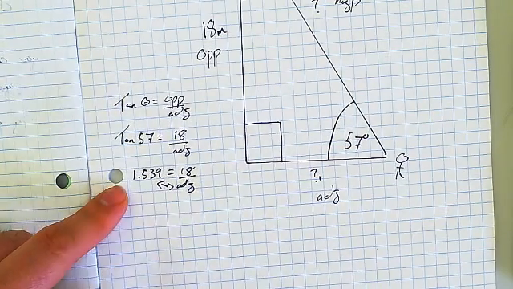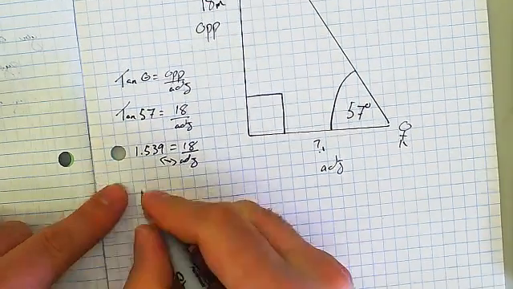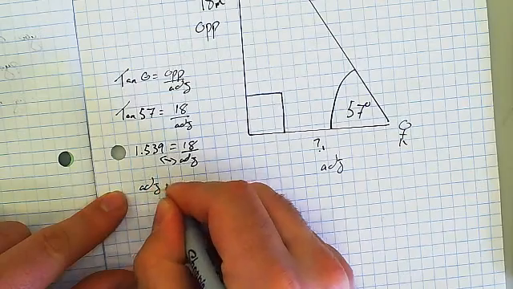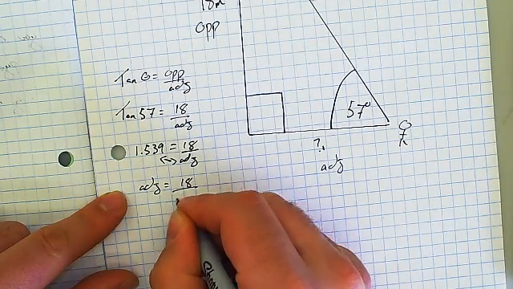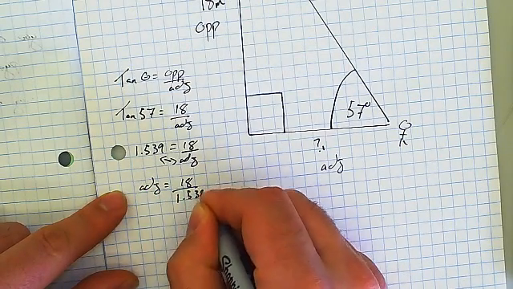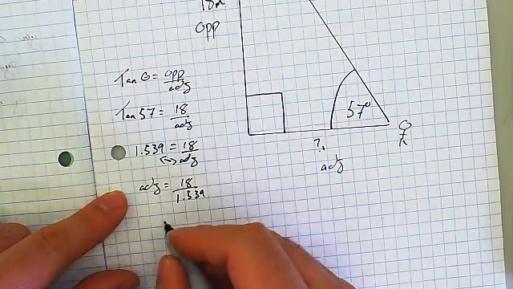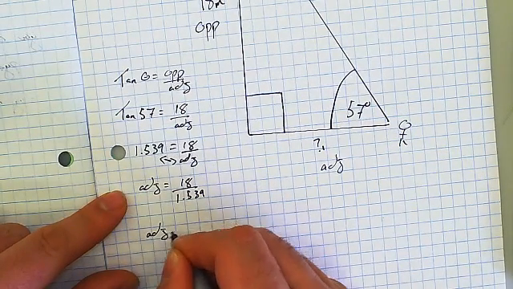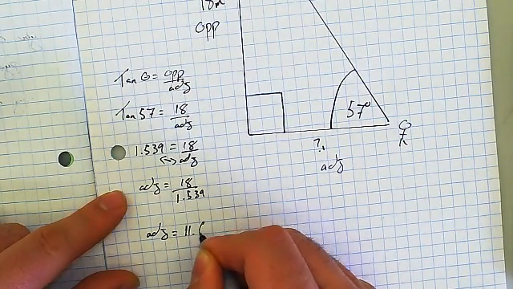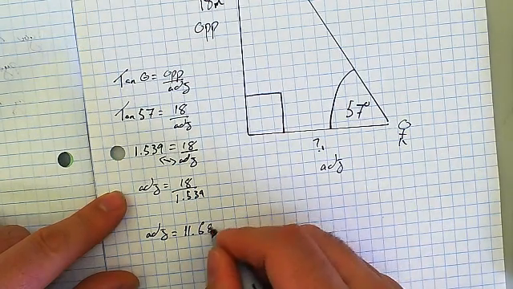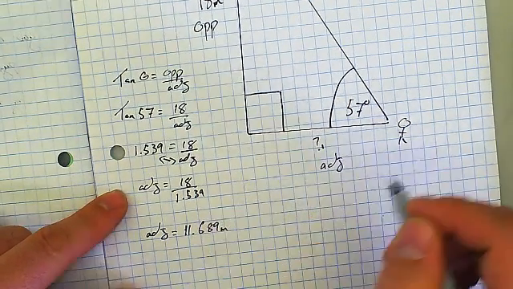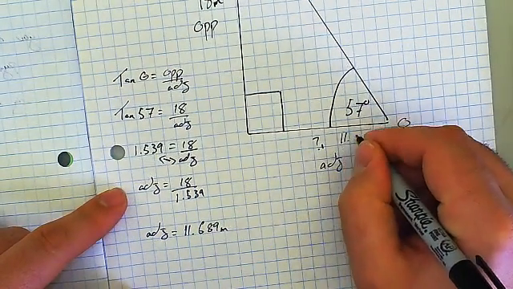Really what I'm doing is I'm swapping these two values. When I do that, I have an adjacent is equal to 18 divided by 1.539. And when I punch that into my calculator, I get an adjacent length of 11.689 meters.